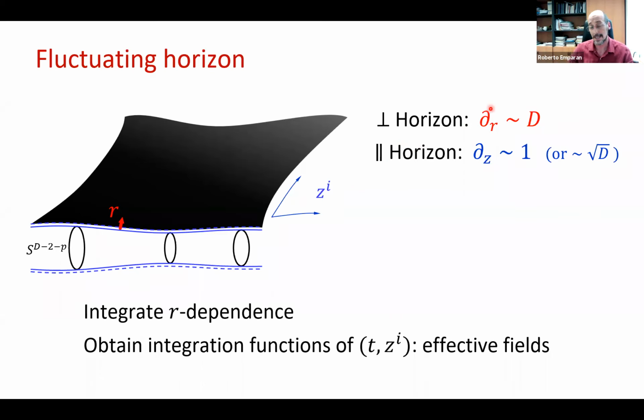You can integrate explicitly the radial direction while leaving the other directions unsolved. By integrating this, you obtain functions of the other directions, where the gradients are slower, and these functions are what will give us the effective fields.